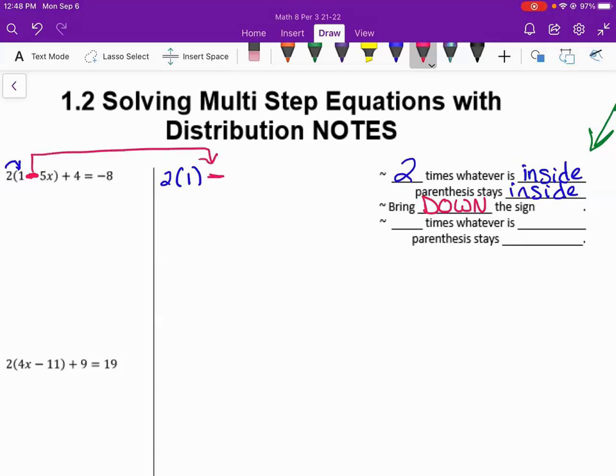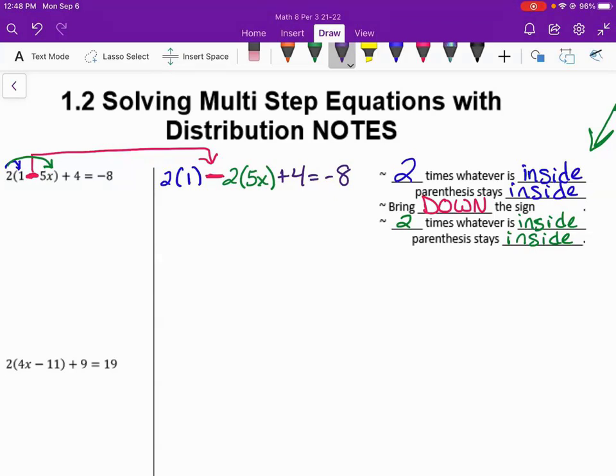So bring down the sign right here. And then again, we have 2 times whatever's inside parentheses stays inside. So we've got 2 times what's inside is the 5x. Then we just have 4 and equals -8.